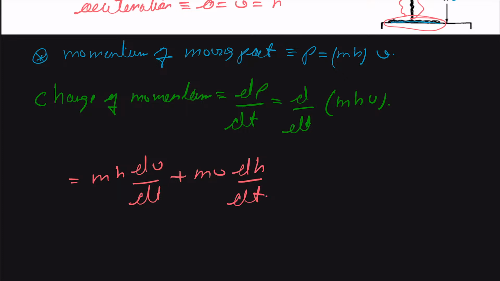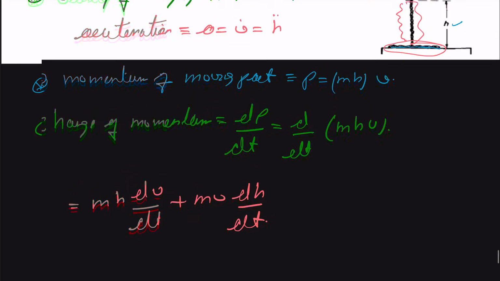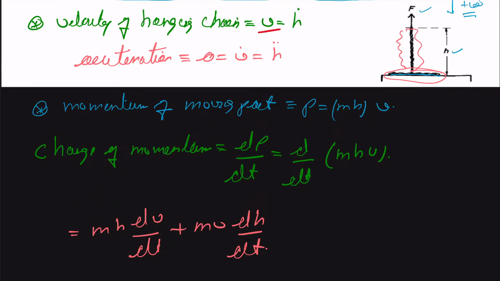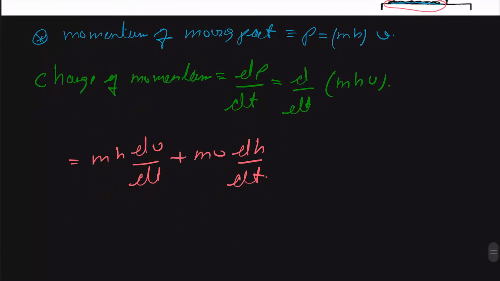And we already know that this first derivative of h is nothing but our velocity. Therefore, we can write this as our mh dv upon dt plus mv square.